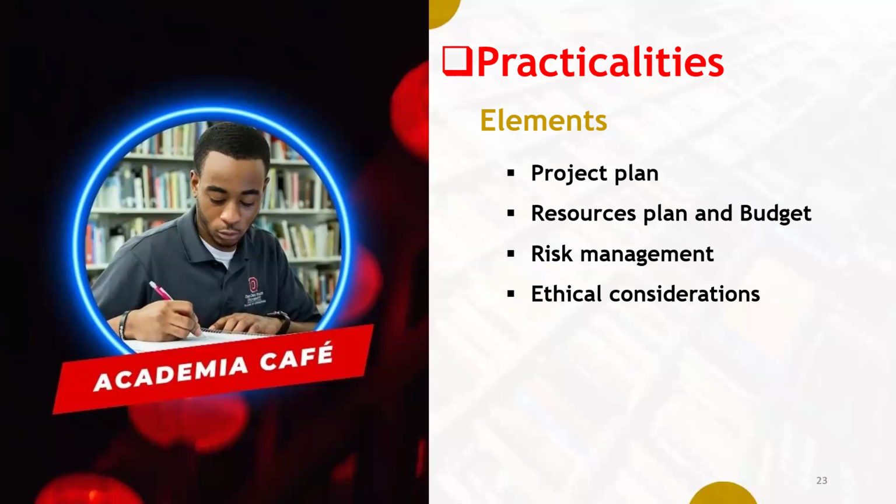Another element is the resource plan and budget. This element helps you detail what you need to execute your research project, the budget requirements, and how you are going to get them. Things like laboratory equipment, rooms for focus groups, or farmland. Another element here is risk management.